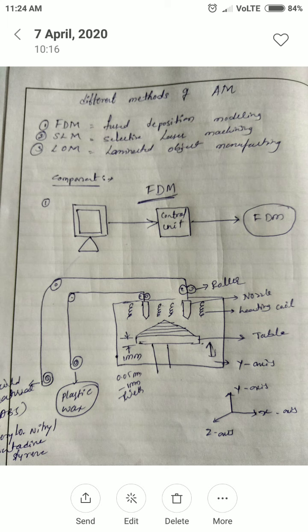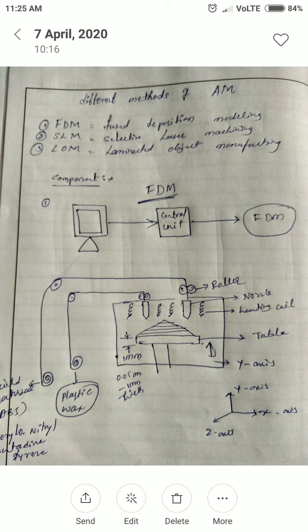But additive manufacturing is totally different from those machines, because they are all material removal processes. This is a material adding process, a very interesting concept, totally opposite to those machining processes. Here, how much is needed, that much only we add as material and produce the component.